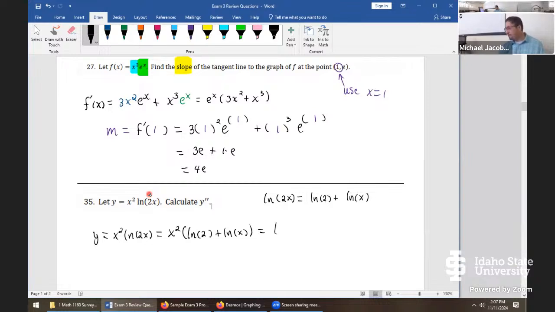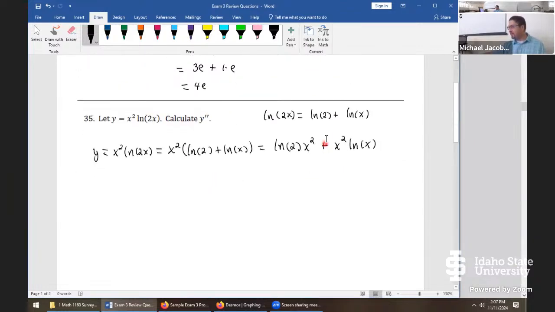Then last step, we have natural log 2 times x² plus x² natural log x. Getting to the second derivative is still going to cause difficulty, but the derivative at this spot is not going to be so bad. So that's how I probably start off this one.